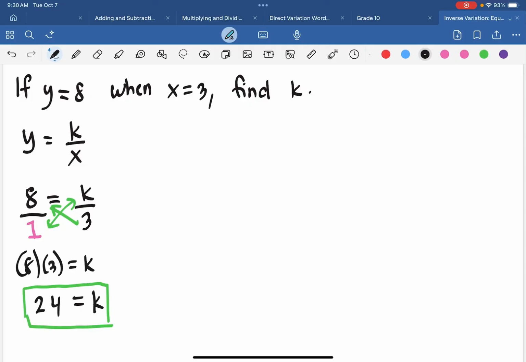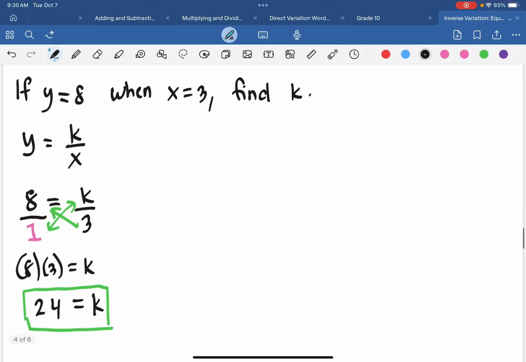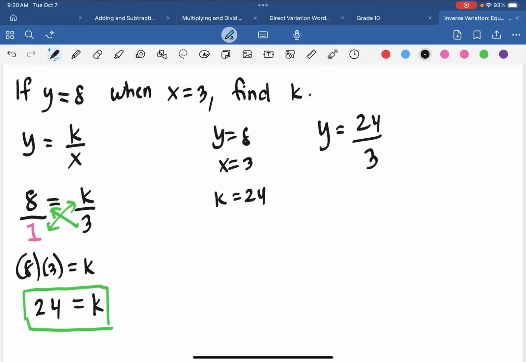Now, just to prove if k is actually correct, again, our given here, our y is 8, our x is 3, and our k is 24. So if we let k be 24 and x as 3, 24 divided by 3 is 8. So that means our process and solution here are correct.